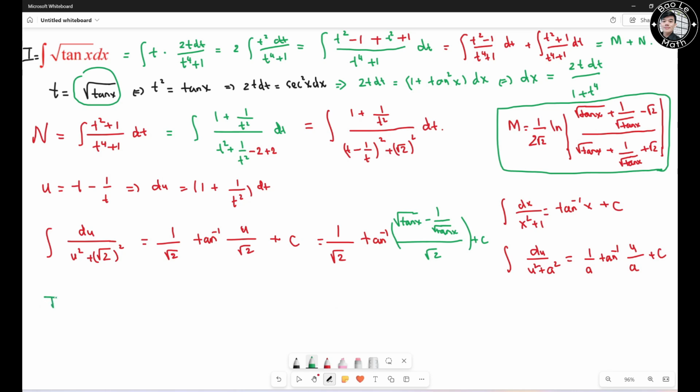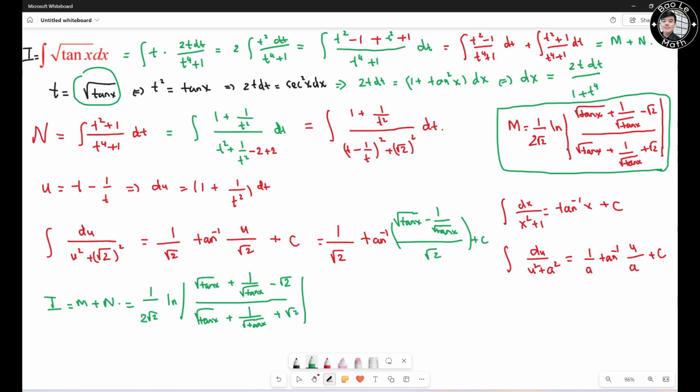So finally we have I equals m plus n. So m equals this guy right here. So it will be 1 over 2 root 2 natural log of square root of tangent s plus 1 over square root of tangent s minus root 2 over square root of tangent s plus 1 over square root of tangent s plus 2 root 2, right?